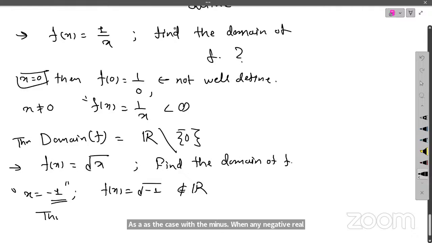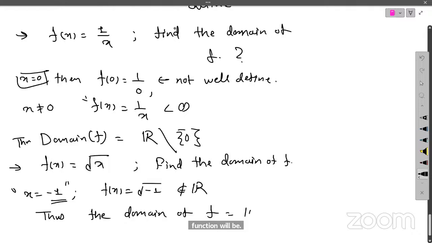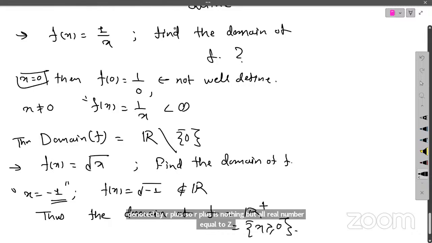So the domain of f will be all non-negative real numbers. That set is denoted by R plus, which is nothing but all real numbers greater than or equal to 0. So that's how we compute the domain of a function.